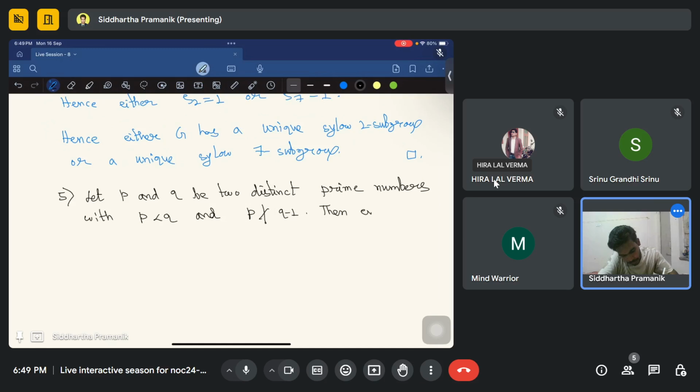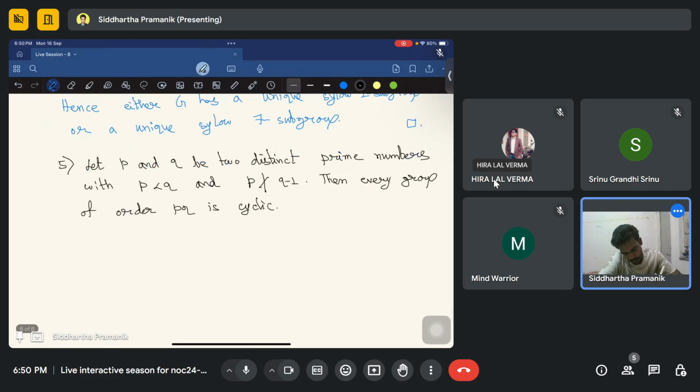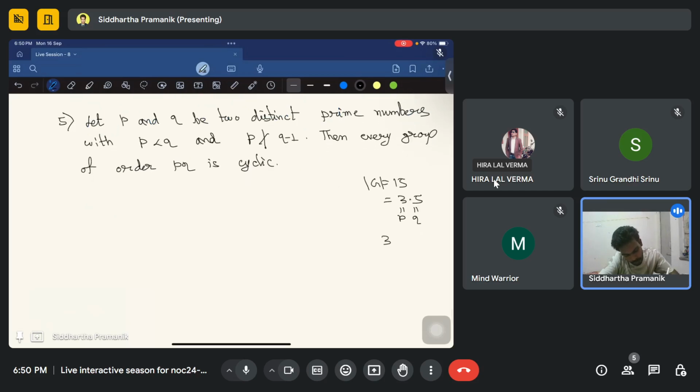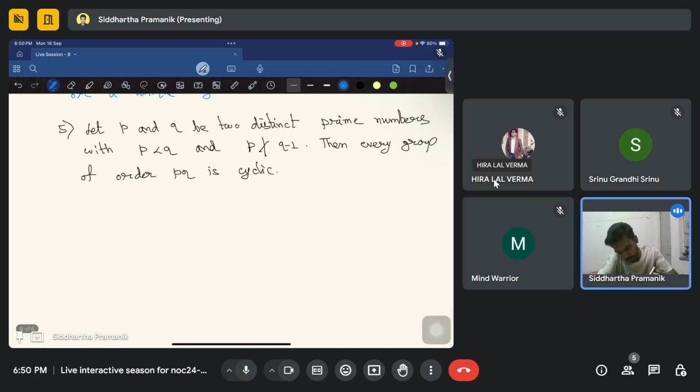Then every group of order pq is cyclic. So in the case of a group of order 15, it is 3 times 5, right? And 3 does not divide 5 minus 1, which is 4. So this is a particular case of this problem. This is a very standard problem in Sylow's theorem.